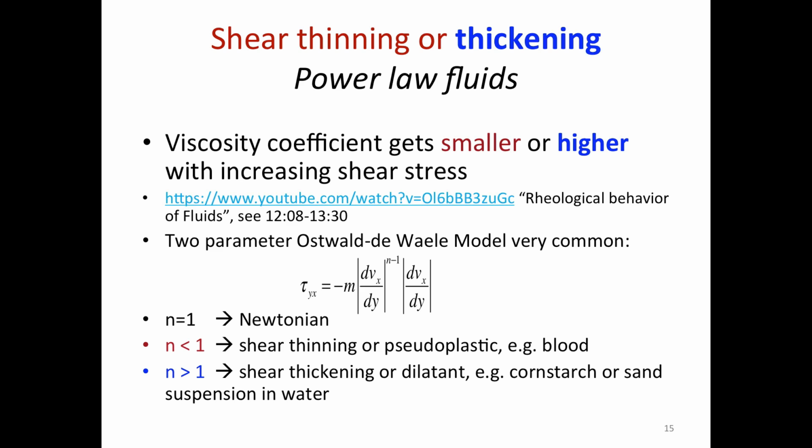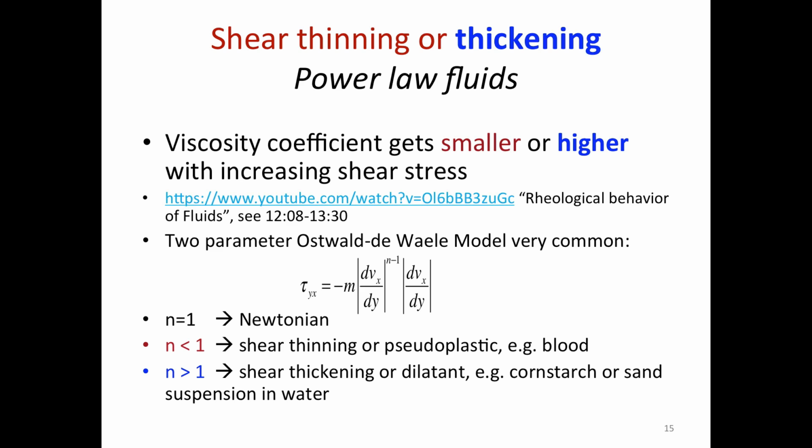So you will again have two parameters describing it. One will be sort of a generalization of the viscosity parameter, and then there will be a power. So if I have n equal to 1, this will disappear, and I will effectively have a Newtonian fluid.